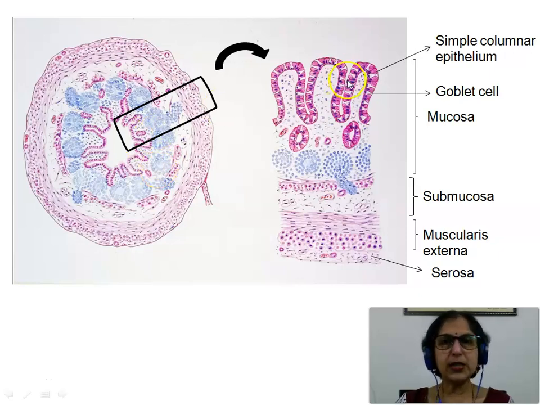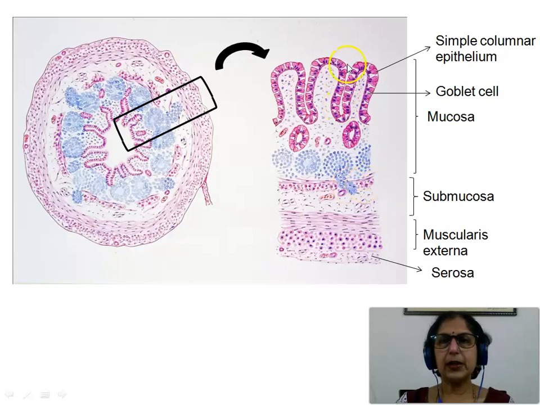And then what we see here is a magnified view of a part of the section, where we appreciate the mucosa, the submucosa, muscularis externa, and serosa. So mucosa here shows the lining epithelium, the lamina propria, and the muscularis mucosae.